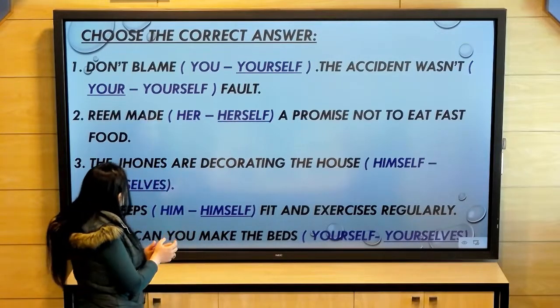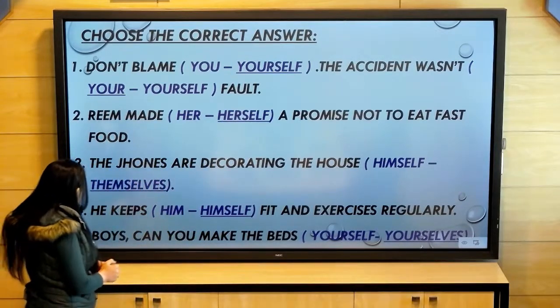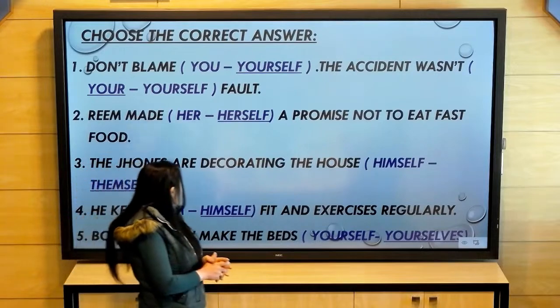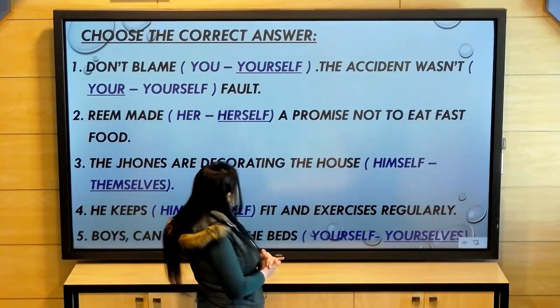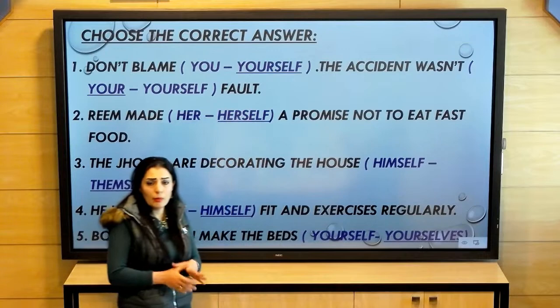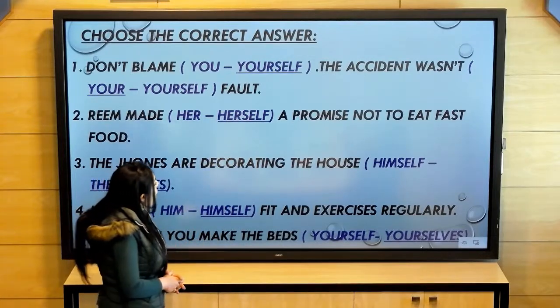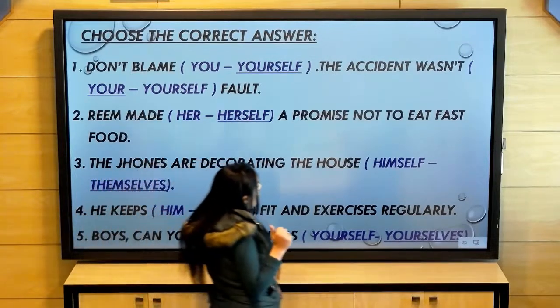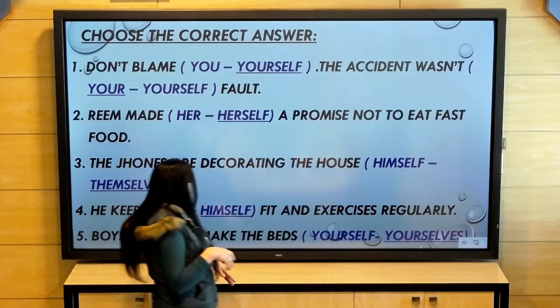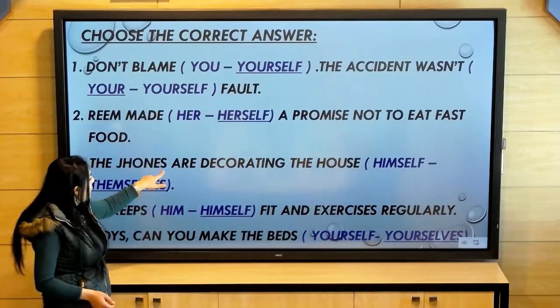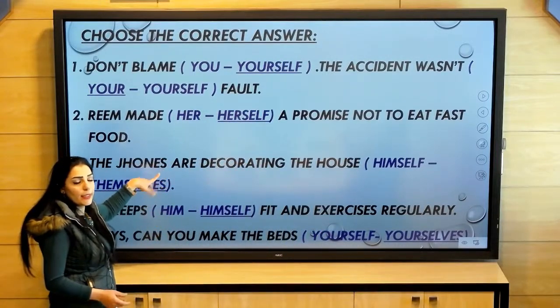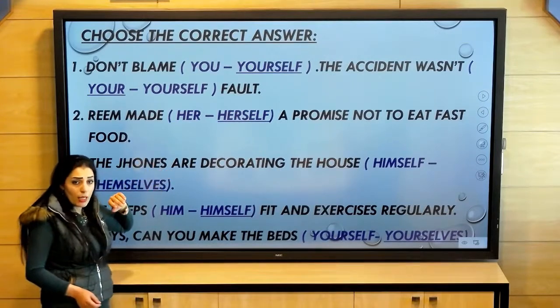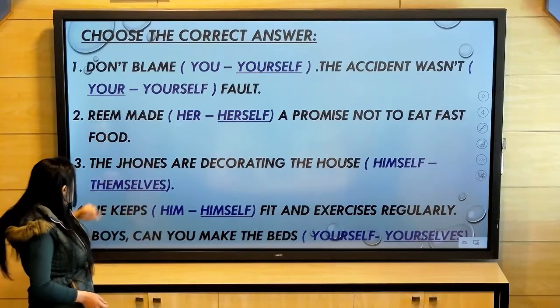Okay, so we choose herself. Number 3, the Jones are decorating the house. The Jones, here we are talking about the Jones family, are decorating the house. Himself or themselves? The Jones is plural, so we choose themselves.